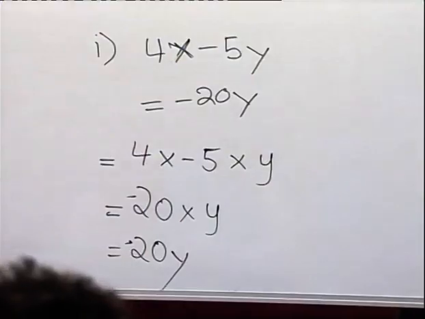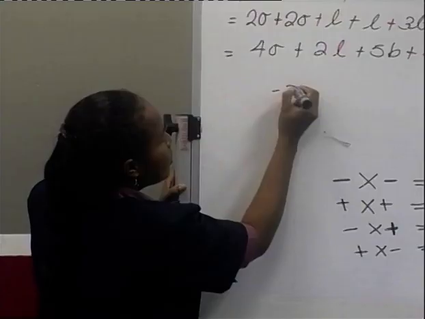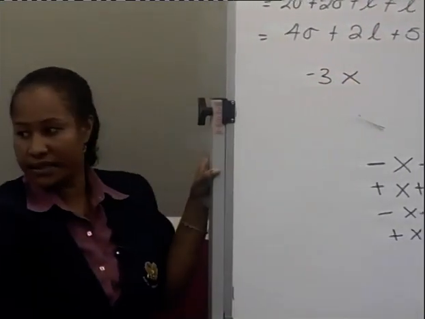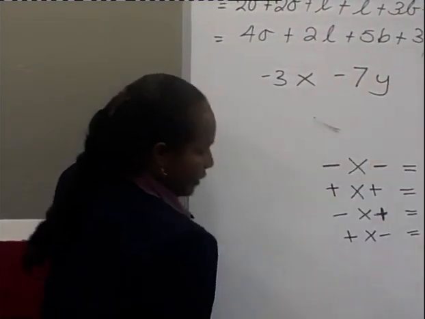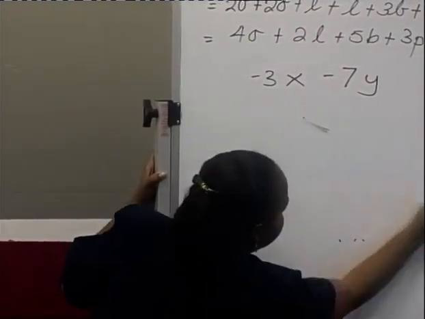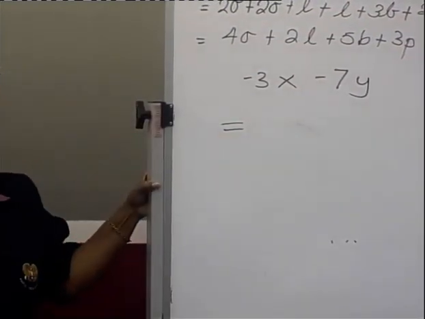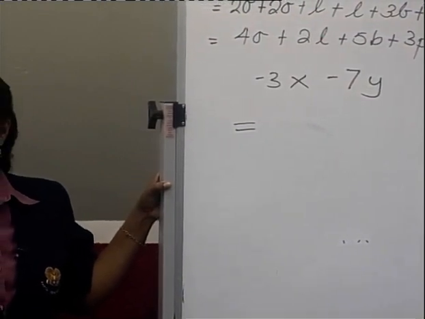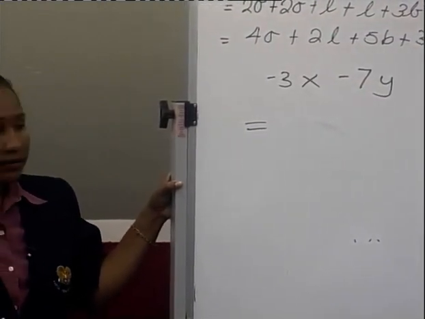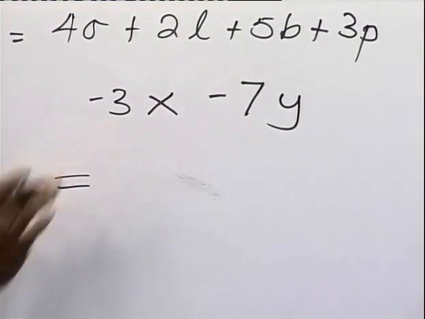All right, letter J, let's do J together in class. Minus 3 times minus 7y. Hands up, please. Who's got the answer for us? Give us your answer for this.